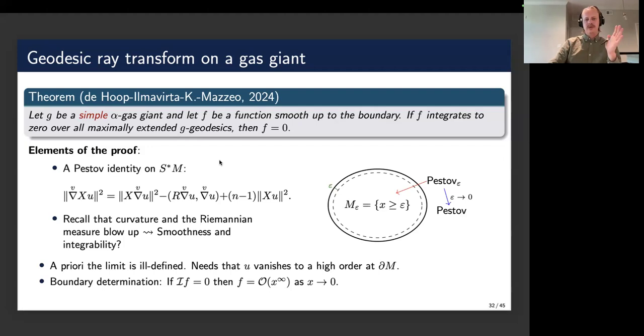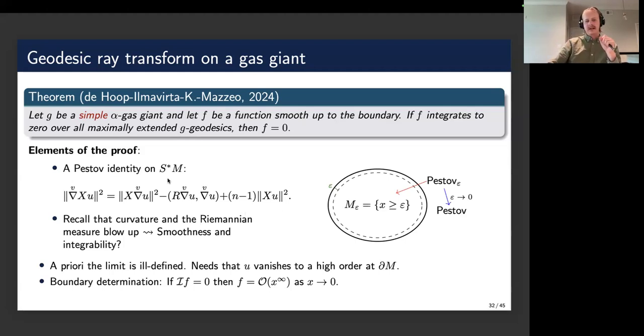So what you can do is define a new function u that is the integrals of your function over geodesics, not just maximal geodesics, but geodesics starting at any point to the boundary. And that has the nice property that if you differentiate it, or hit it with the Hamiltonian vector field X, then you get your f back.